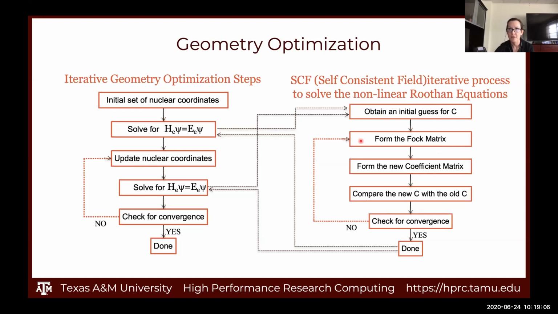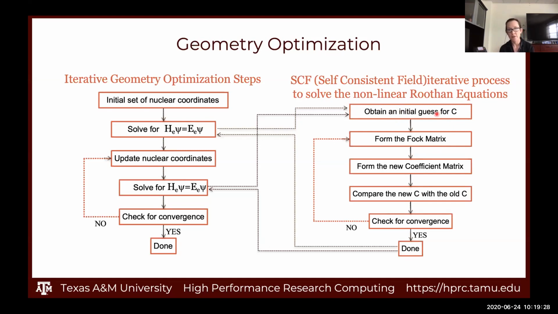And this is going to be true for density functional theory and for many of the other ab initio levels of theory. But that's why it's self-consistent. So you have to have this initial guess for the coefficient matrix, and that's why your starting geometry is so important, the quality of your starting geometry.